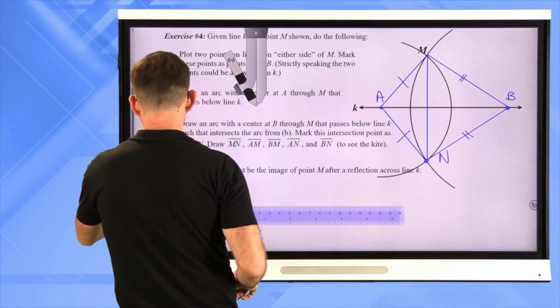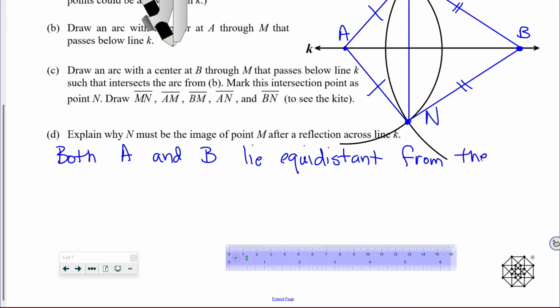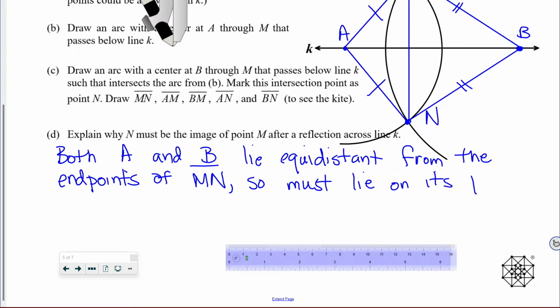We won't be that wordy. What we're going to say is that both A and B lie equidistant from the endpoints of segment MN, so must lie on its perpendicular bisector.